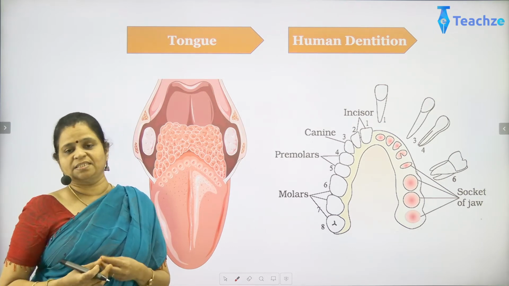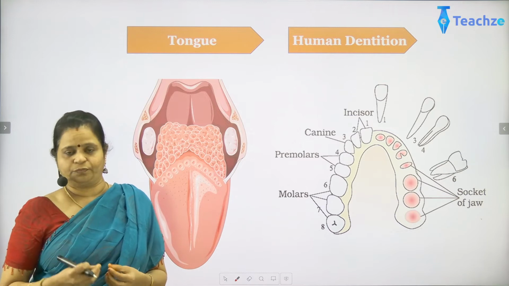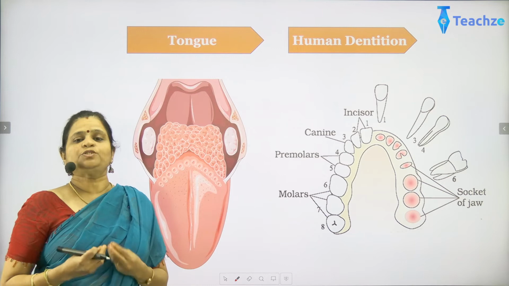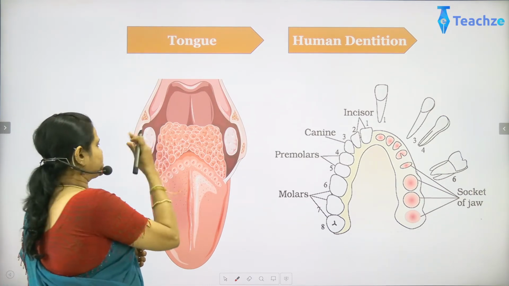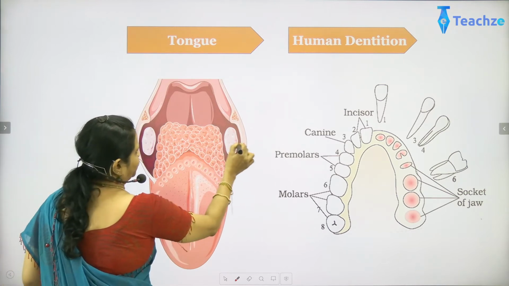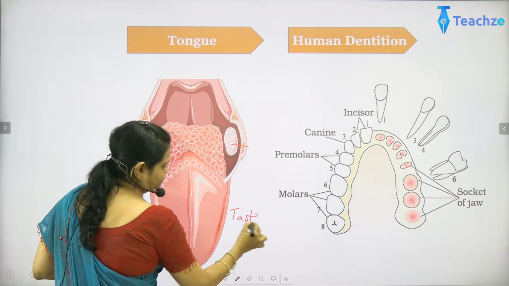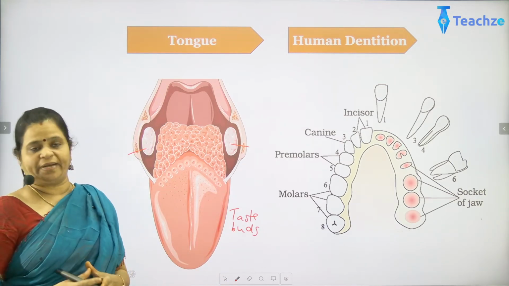The taste buds get activated so that we know whether we like that particular food or not. The taste buds are the first to detect that sensation of the food. These are the taste buds you're seeing here. The taste buds on the tongue help you recognize the four major tastes.